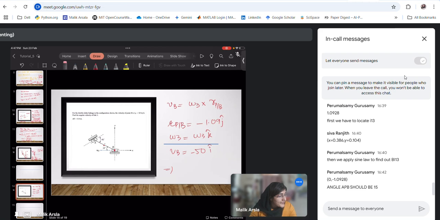Wait a minute. Omega 3, okay, then it should be RBP only. Velocity of B is equal to omega 3 cross RBP.